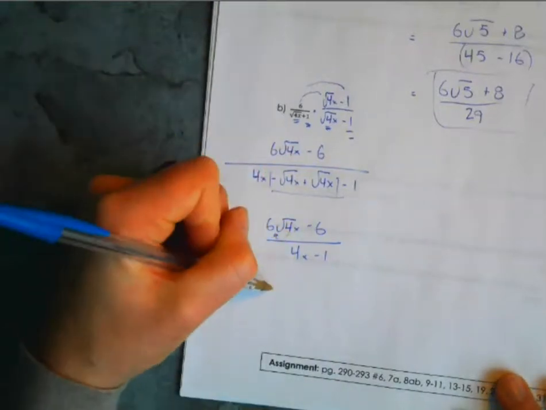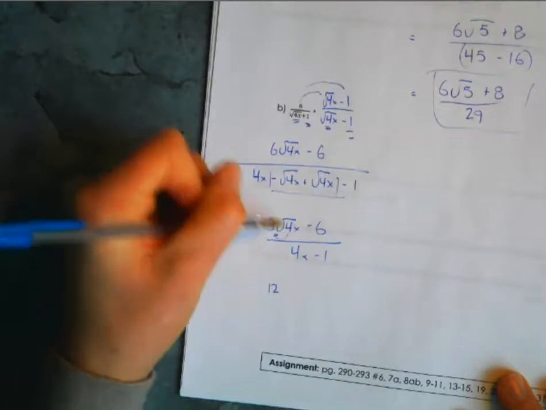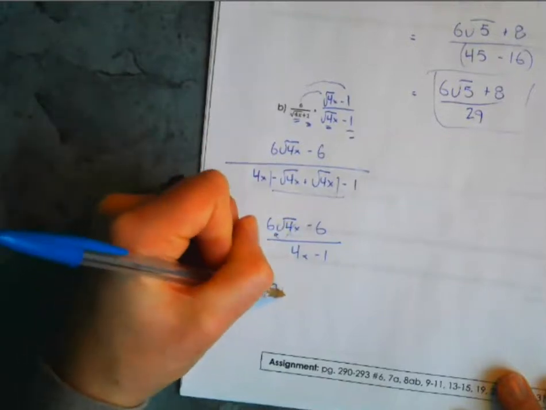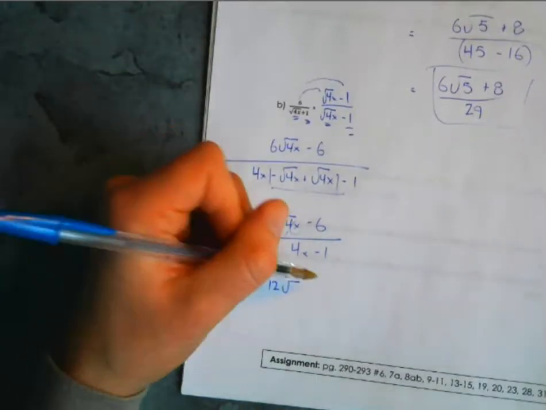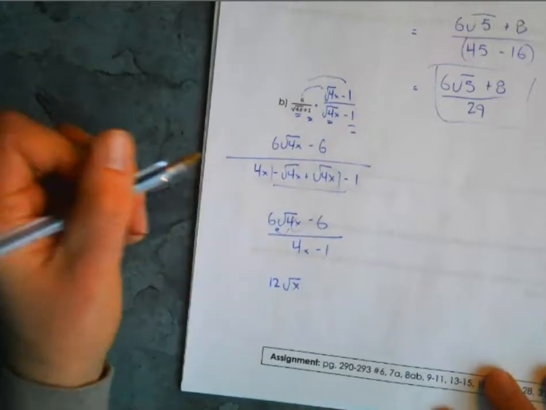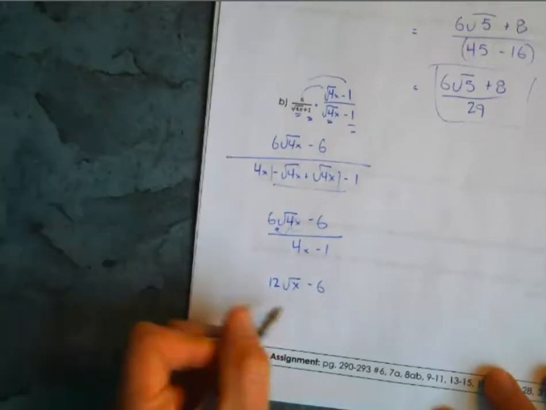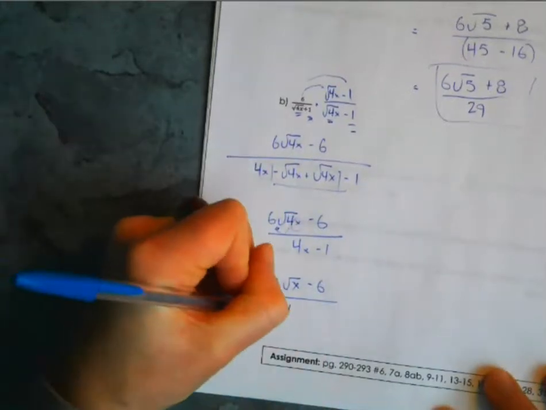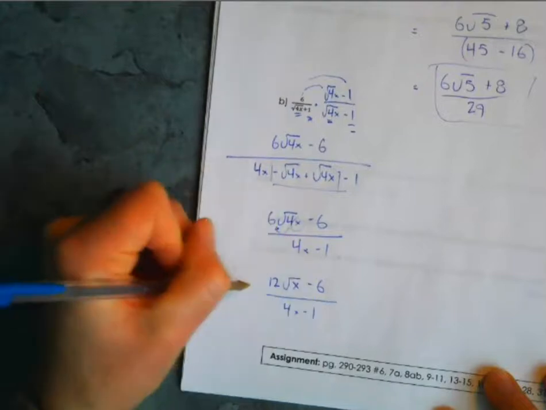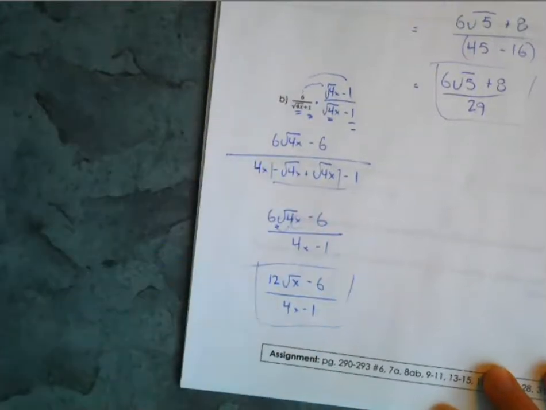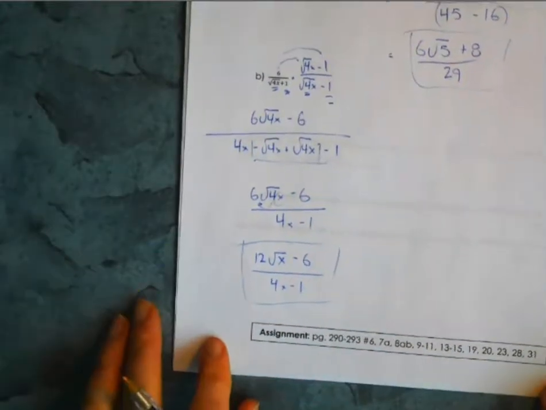So 6 times 2 is going to be 12, and then the x has to stay under the root. And then minus 6 stays the same, over 4x minus 1. There we go. So that's our final answer for that one.